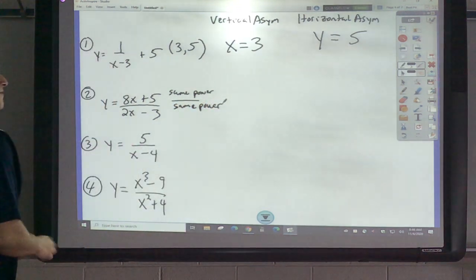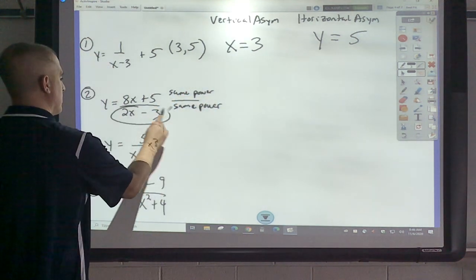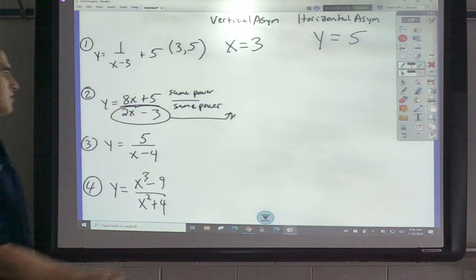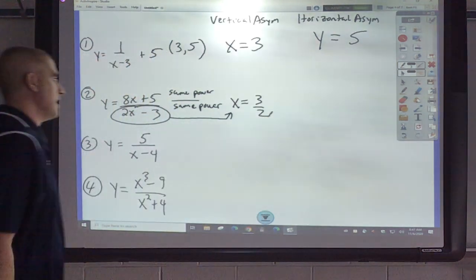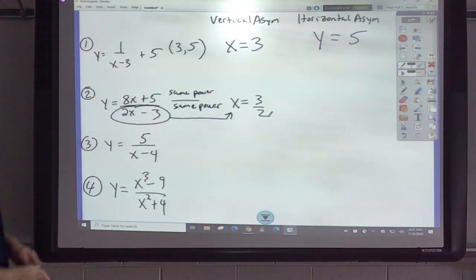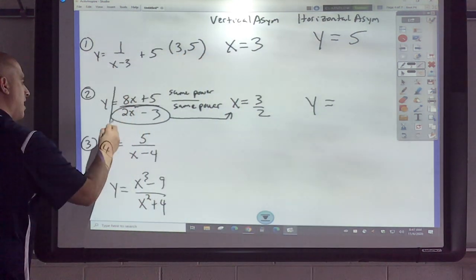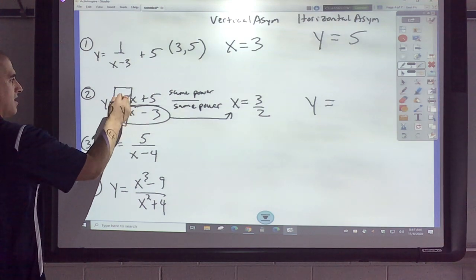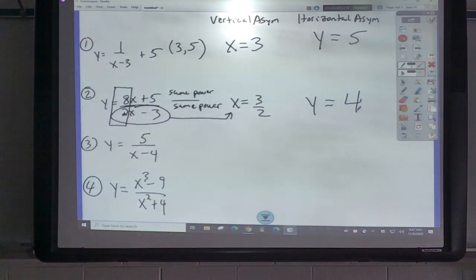The vertical asymptote comes from solving the denominator here, so this would end up being x equals 3/2. The horizontal asymptote is a y equals equation, and it comes from dividing the two numbers in front. So 8 divided by 2 would give me 4.